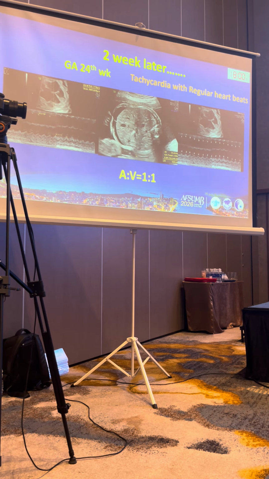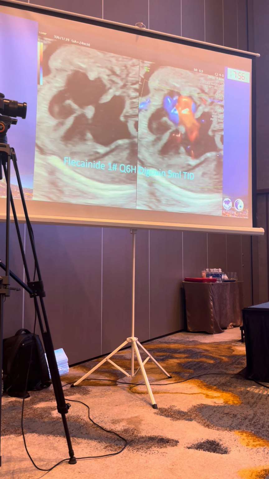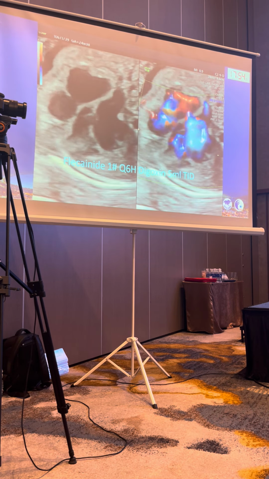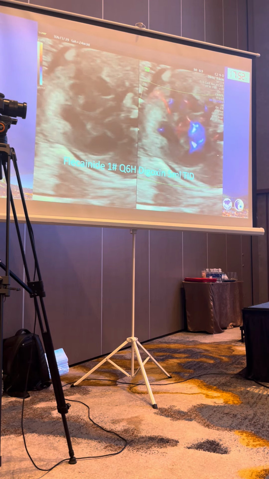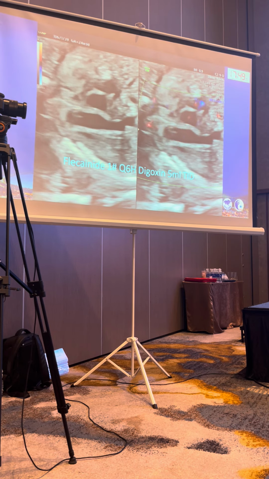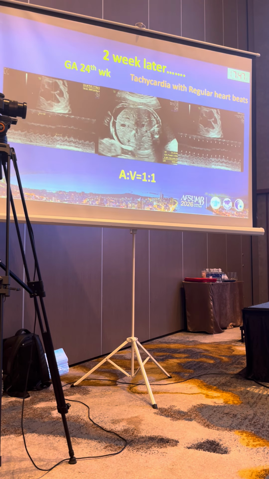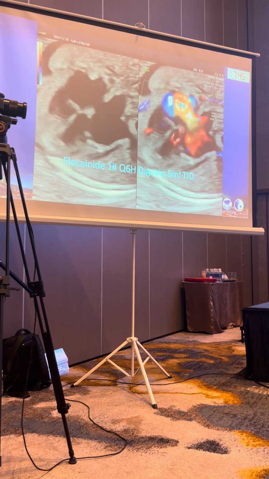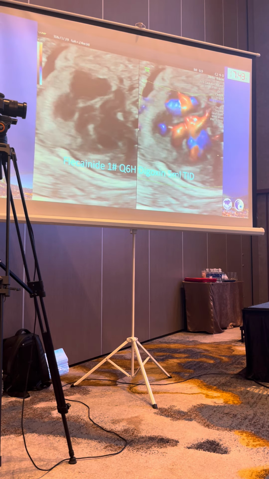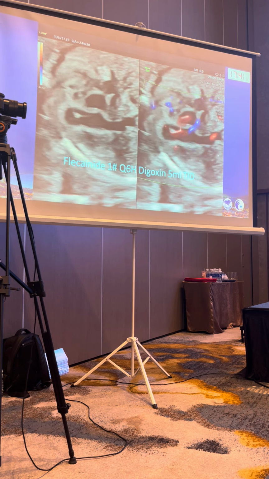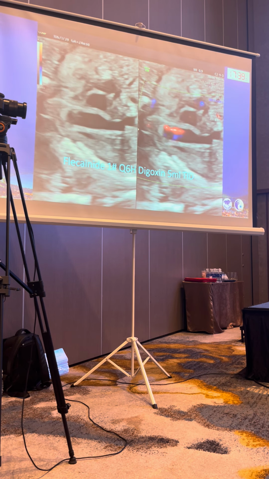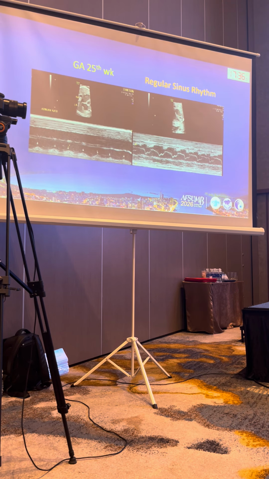This is just like a tremor of the heart. You see it's not changed by the AI; it's the real heart rate. So you can see no structural anomaly, but arrhythmia. After that, we can start the medication for the baby.